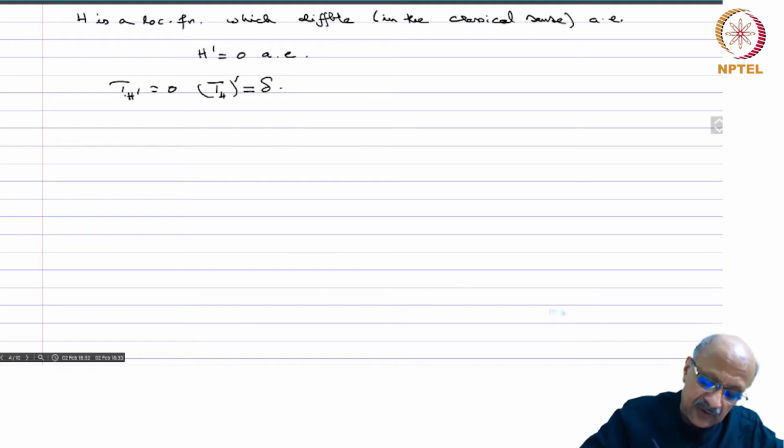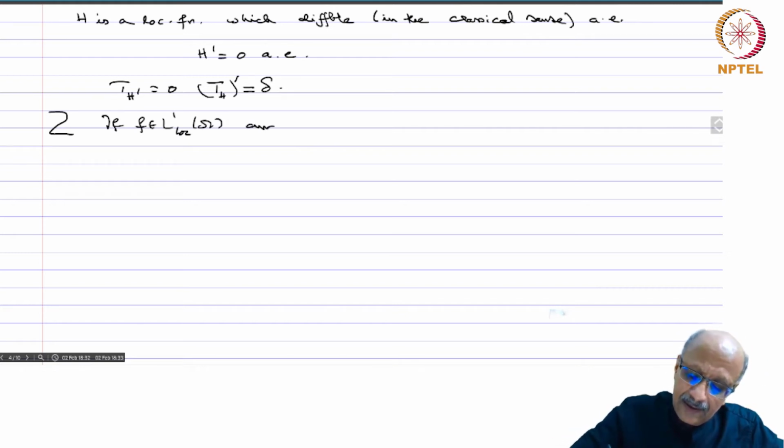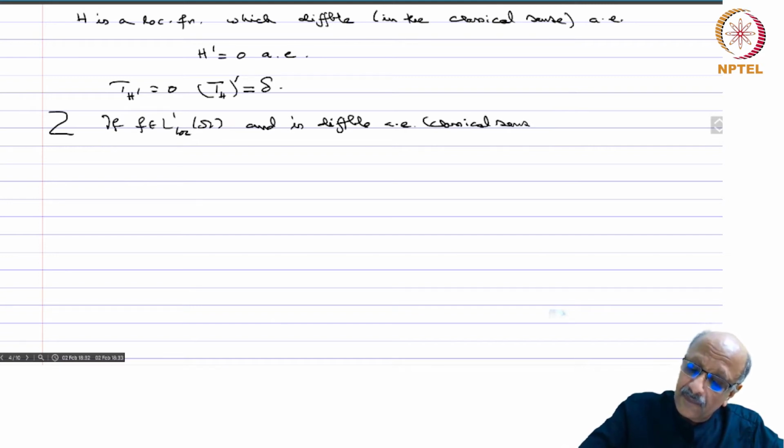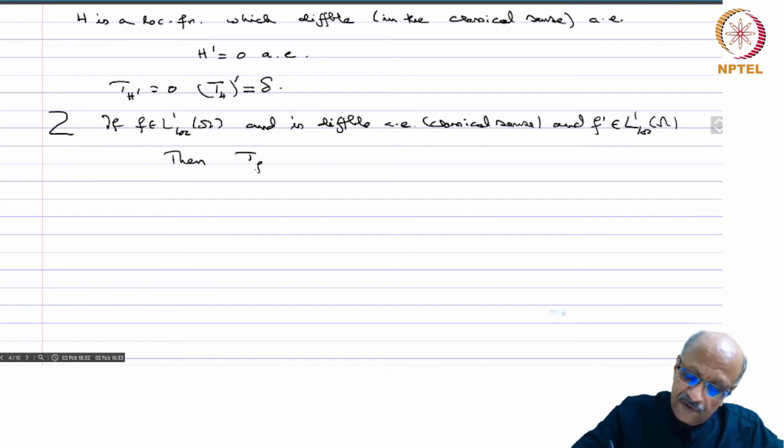So we have this warning, namely: if f is in L^1_loc of omega and is differentiable almost everywhere in the classical sense, and f dash is also in L^1_loc of omega, then T_f dash is not necessarily equal to T of f dash.